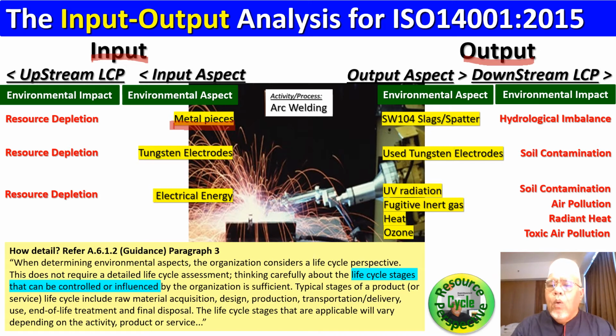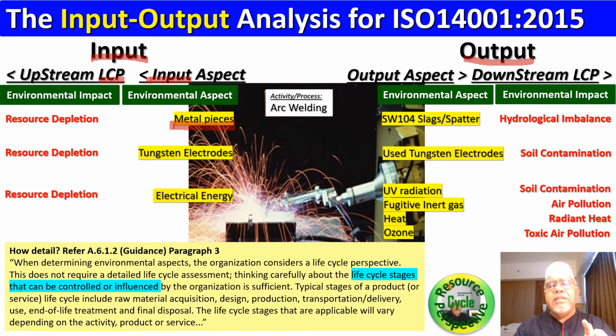So what is its environmental impact? In order to determine its environmental impact, we have to identify, by virtue of its status as an environmental aspect, that it is an input aspect. Therefore, we got to look at its life cycle perspective. This is ISO 14001 version 2015. How do we look at its life cycle perspective?